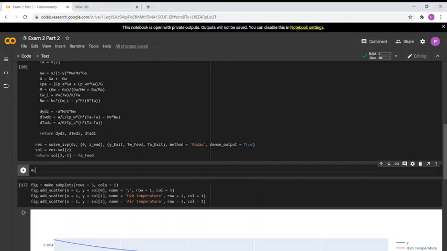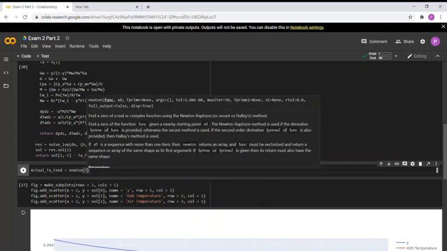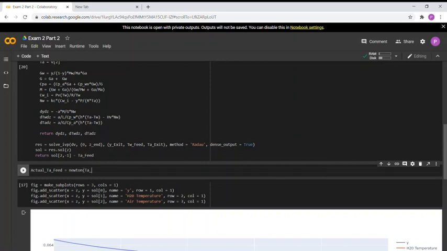And then we will find actual ta fit equals the Newton of ta fit coverage and ta fit gas.